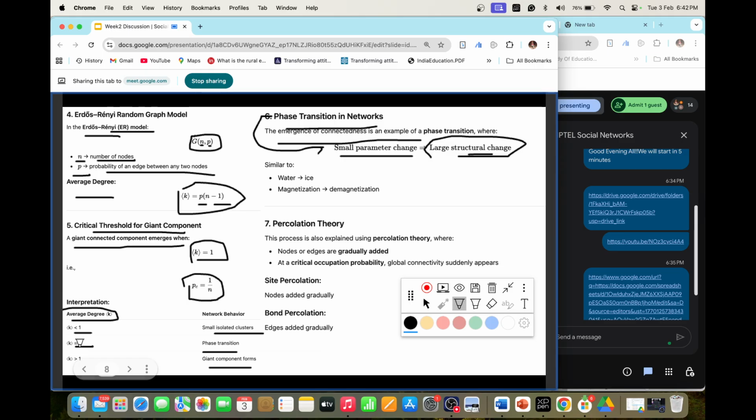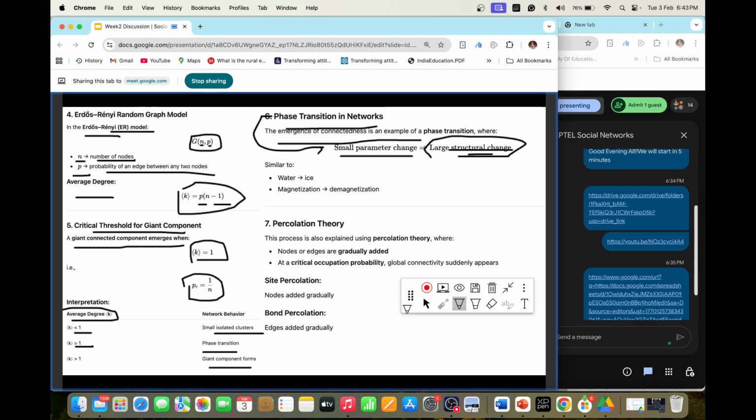For example, with k very close to 1, you make just a small parameter change to make k just greater than 1, and there will be a large structural change. Similar to water to ice, magnetization, just forget this.